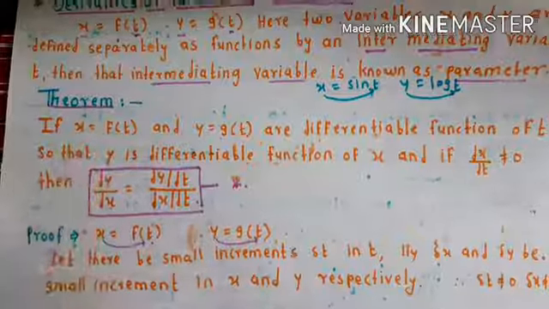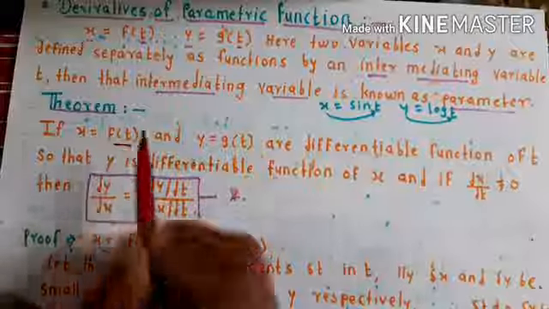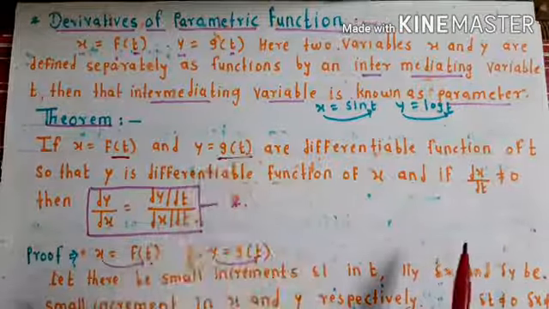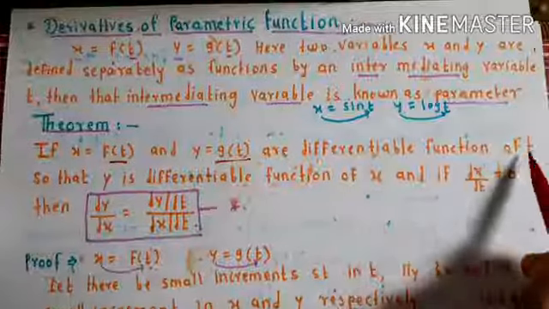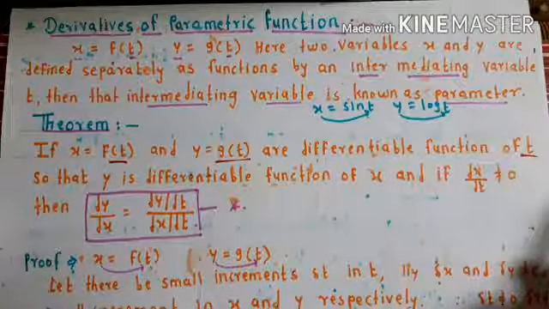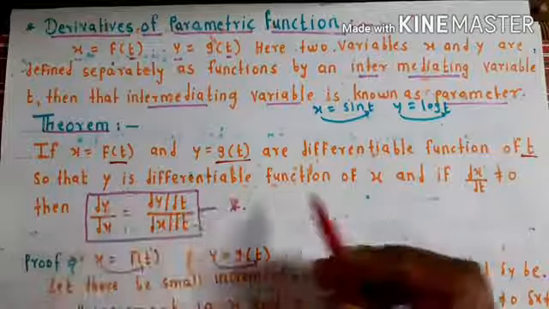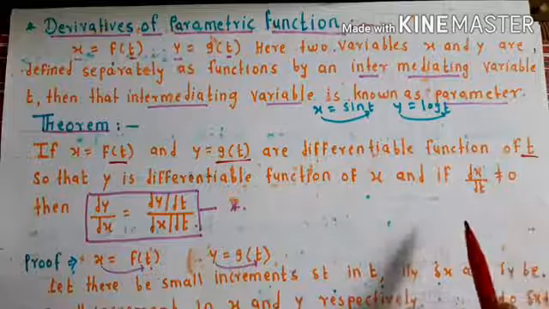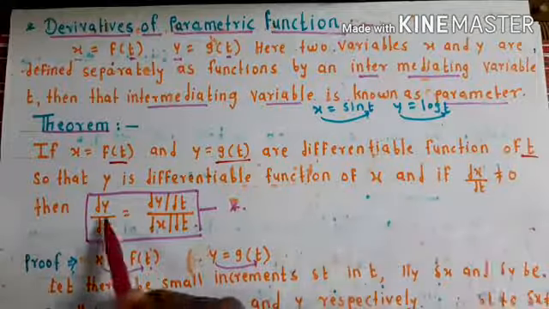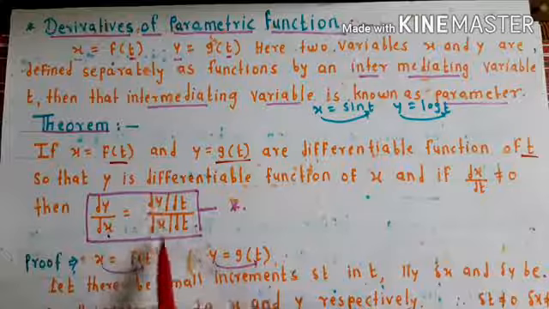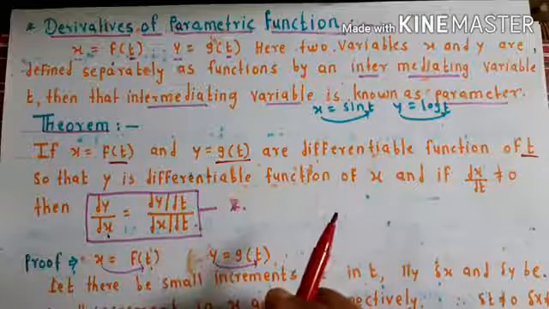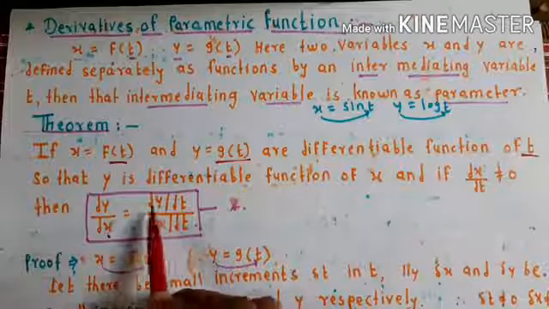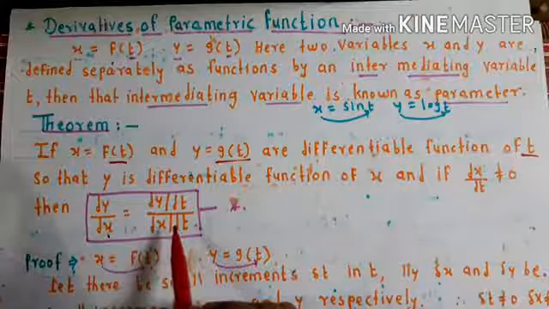We are given that x is a function of t and also y is a function of t, that means y equal to g of t, and both are differentiable functions of t, and y is a differentiable function of x, and if dx by dt is not equal to 0, then dy by dx equal to dy by dt upon dx by dt. Students, this is the statement that we have to prove, and this is the derivative of a parametric function.